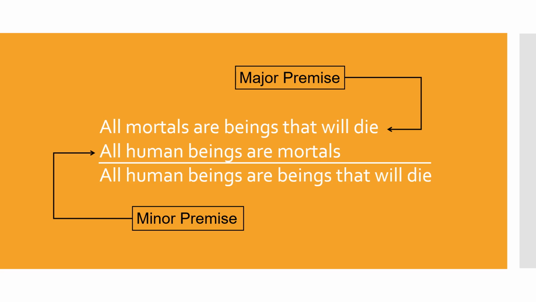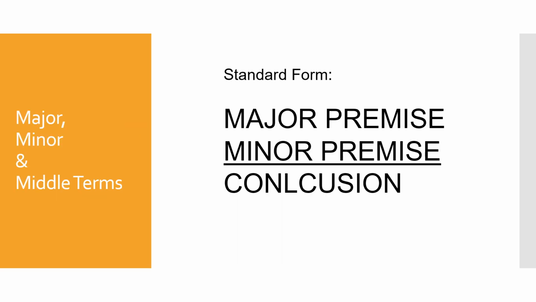In standard form, this is very important, an argument must always have the major premise first, the minor premise second, and the conclusion on the bottom. So let me repeat this because it's quite important. In standard form, a categorical syllogism will always have its major premise as the first premise on the top, the minor premise as the second premise in the middle, and then the conclusion on the bottom.